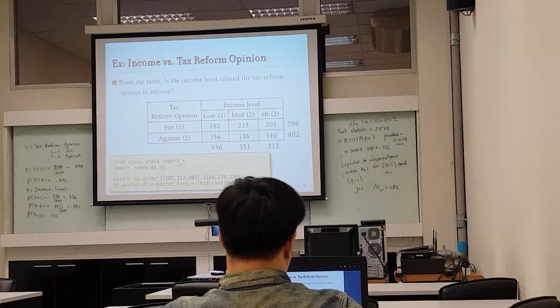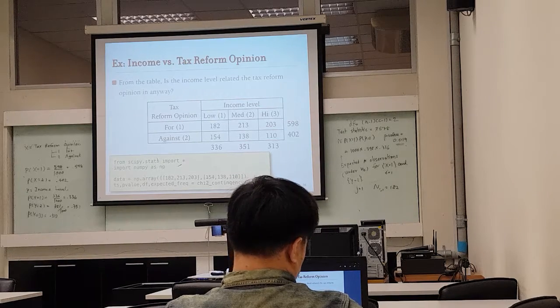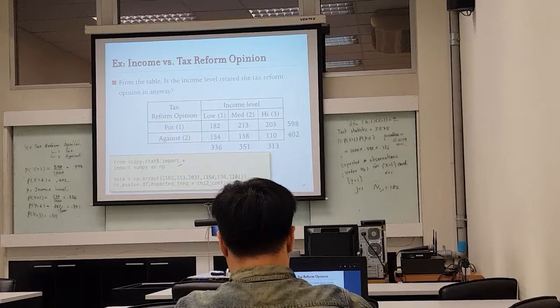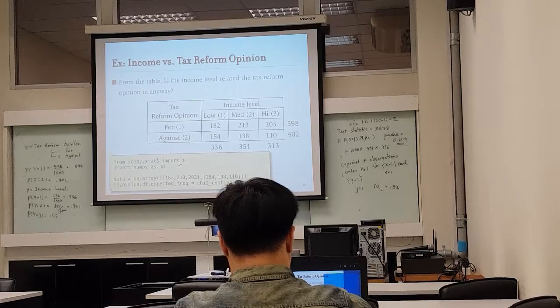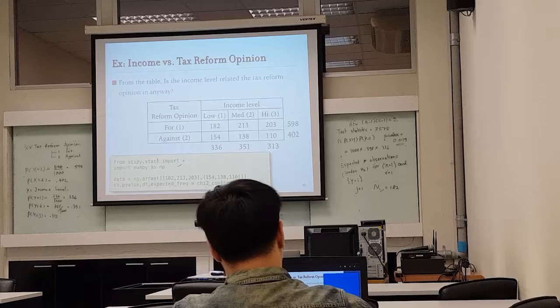it's unlikely that the tax reform opinion is independent of the income level. If you look at this data, can you see why the income level is not independent of the tax reform opinion?